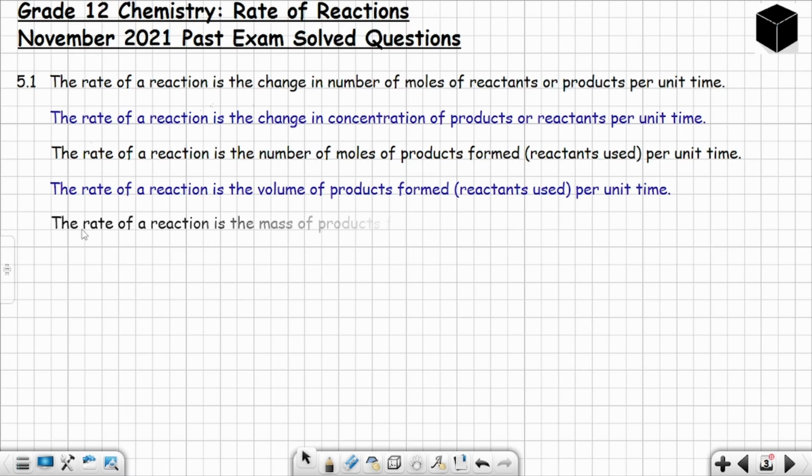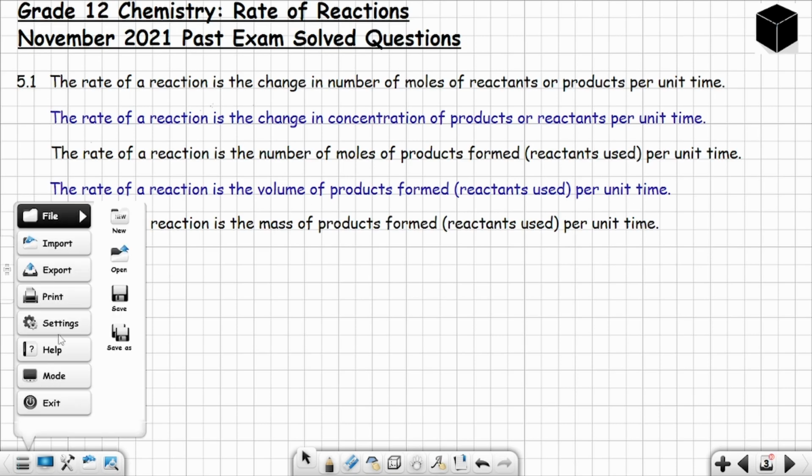The other one can be the rate of a reaction is the mass of product formed or the mass of reactant used per unit time. So you have 5 definitions here. I think this is enough, but the question is asking you to only give one definition. You will give the definition that you are comfortable with whenever they ask you to give the definition of rate of reaction.